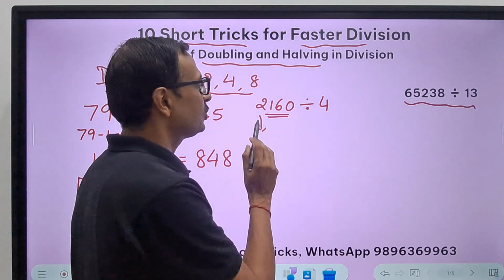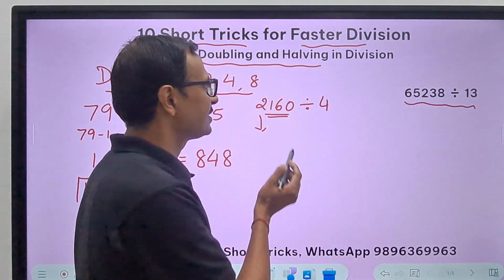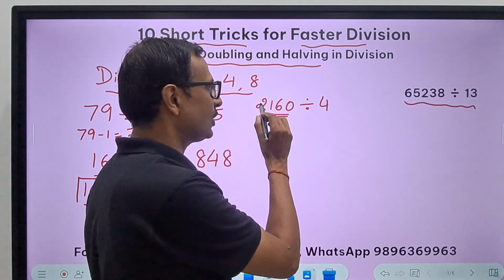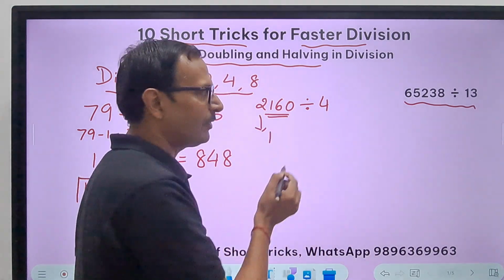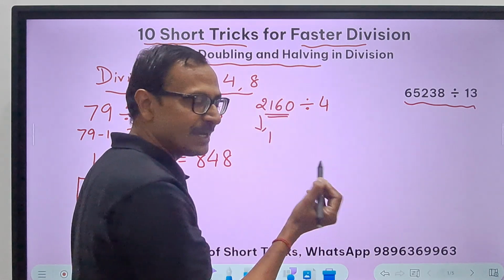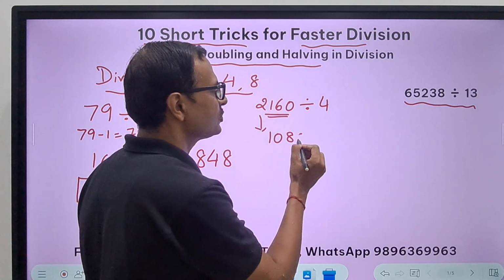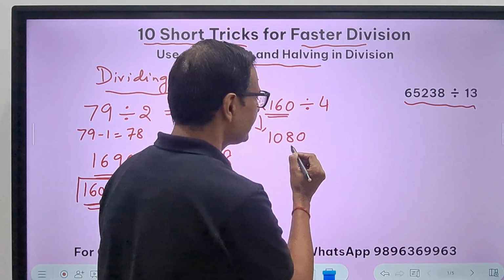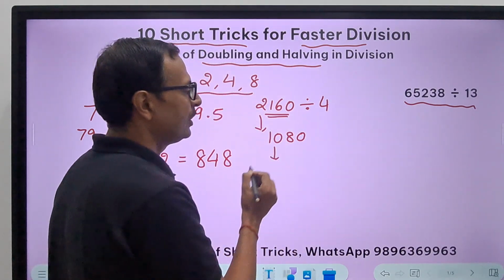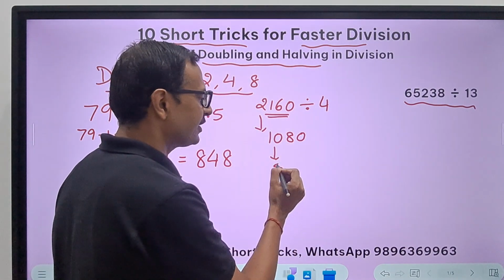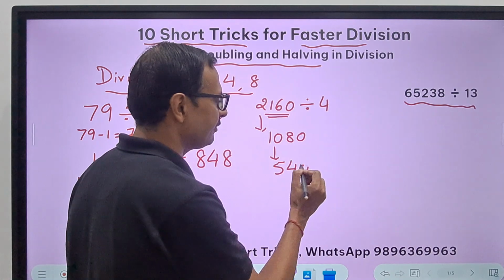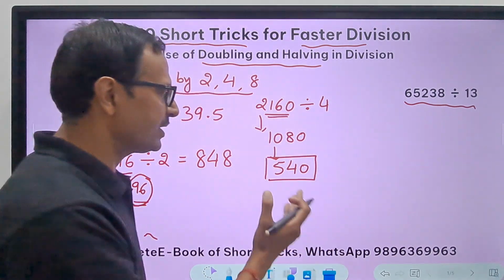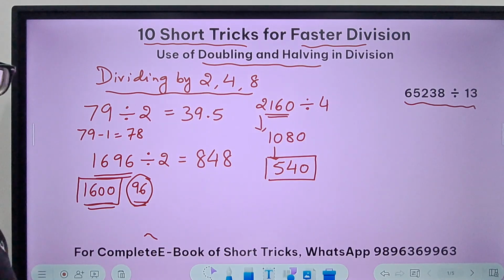It's not 2160, it's 21 hundred and 60. So 2000 becomes 1000 and 160 becomes 80, so 1080 is the half of 2160. Further, if you take half of this also, 1000 is 500 and 80 is 40, and there we go, the division problem is solved. 2160 divided by 4 is 540.